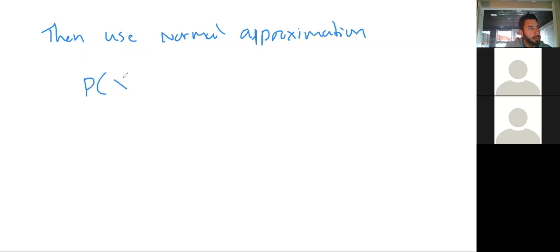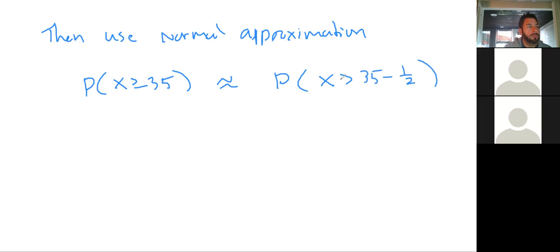So the probability that x is greater than or equal to 35 can be approximated by the probability that x is greater than 35 minus a half. And so, of course, once again, this is binomial, and this is normal.